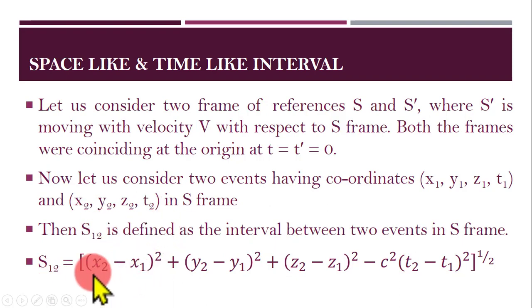That will be equal to the square root of x2 minus x1 whole square plus y2 minus y1 whole square plus z2 minus z1 whole square minus c square t2 minus t1 whole square. How have we defined this interval?